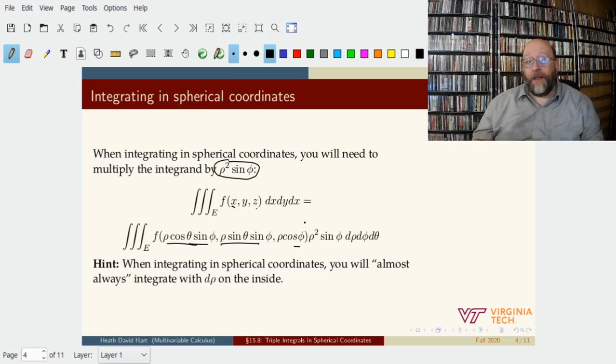In spherical coordinates, we have to multiply by rho squared sine phi. That's a little bit more complicated, but this is our conversion from rectangular to spherical coordinates. And then we pick an order of integration. We will almost always want to have rho on the inside. Okay?